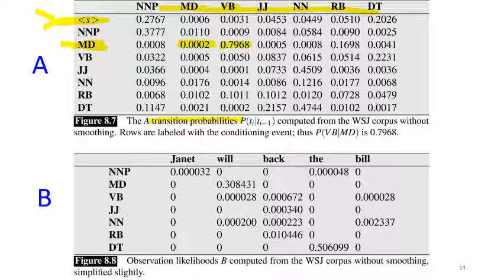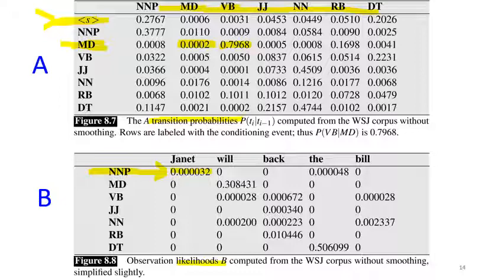Now, in the bottom part of the slide is the emission probability. Sometimes it is called the matrix B. In the matrix B, you can see that if the tag is noun, and it's a proper noun, then the probability that it will produce the word Janet is 0.000022.